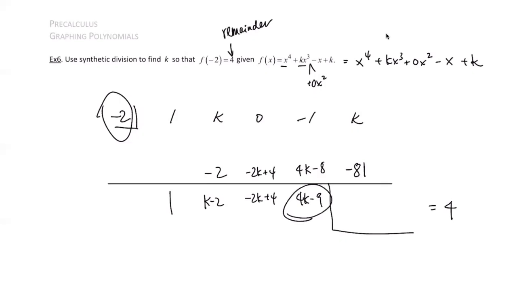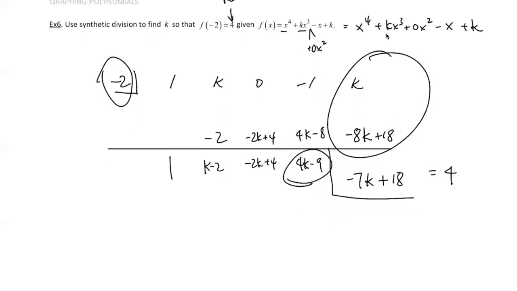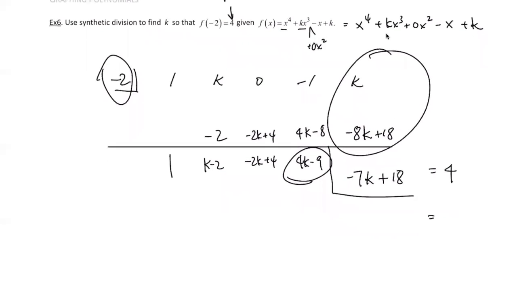So -8k plus 18, and then you add them again. So you have -7k plus 18, okay? So that's what we have here. And then we will subtract 18 on both sides. I think the answer is pretty obvious that k is equal to 2.